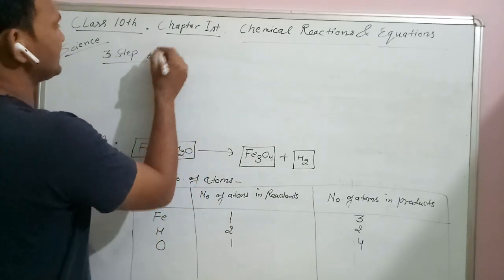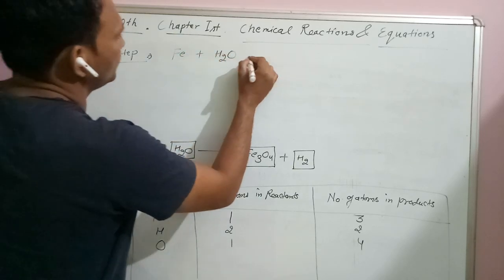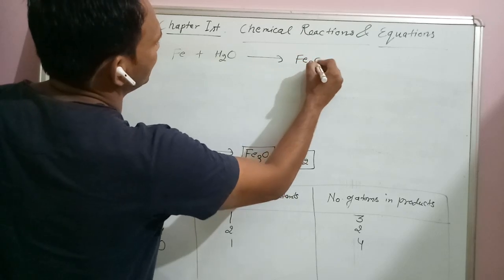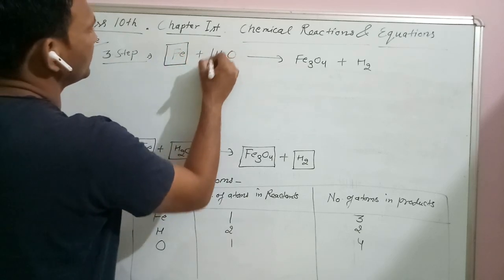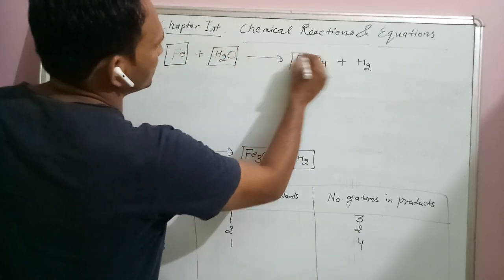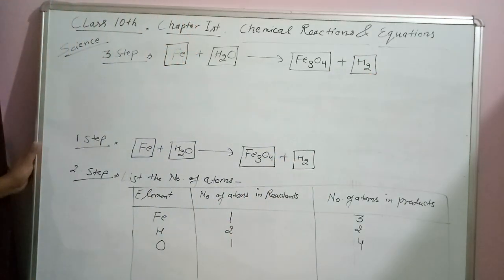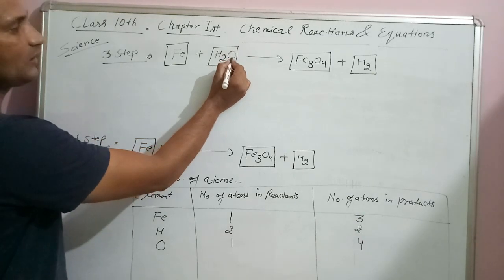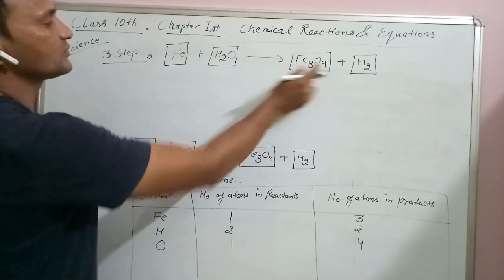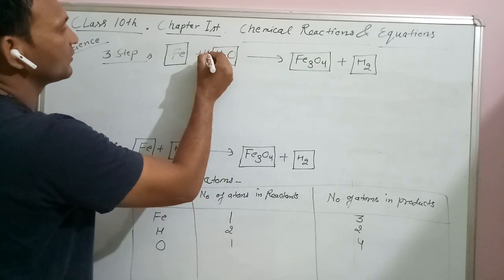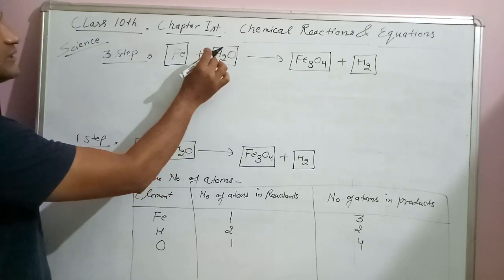Then we write this equation: Fe plus H2O gives Fe3O4 plus H2. Same. Draw the boxes. As we discussed, we take the oxygen. In the reactants there is a single oxygen, but in the product there are 4 oxygens. If we write 4 before the formula containing the oxygen, it means there are 4 oxygens.